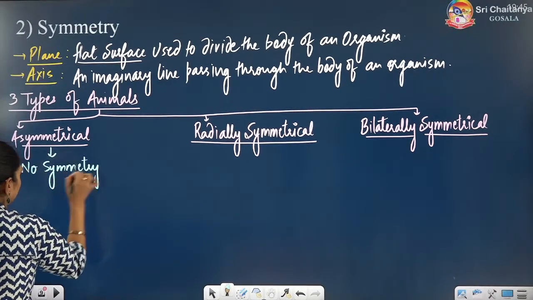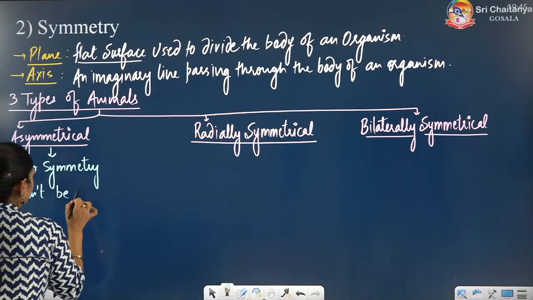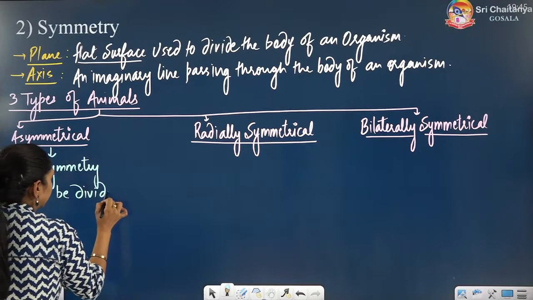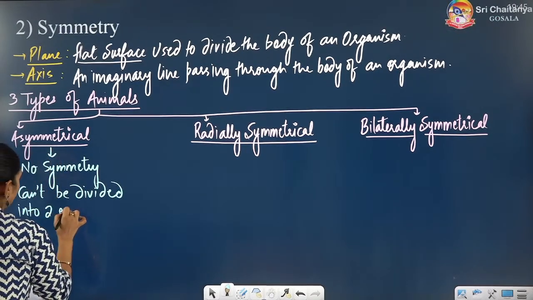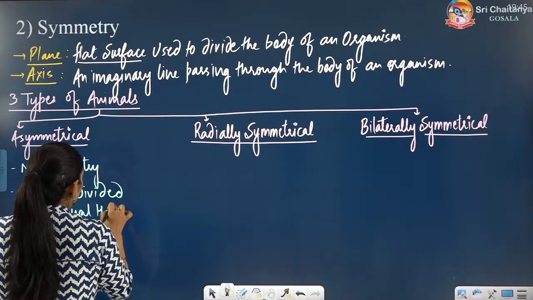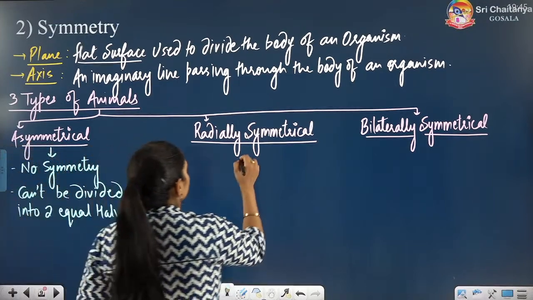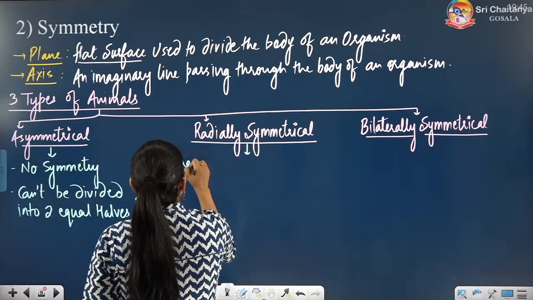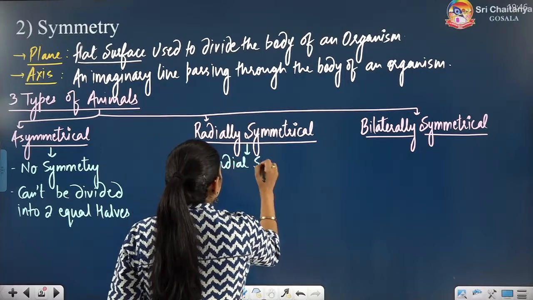They cannot be divided into two equal halves. But if we talk about radially symmetrical animals, they have radial symmetry.